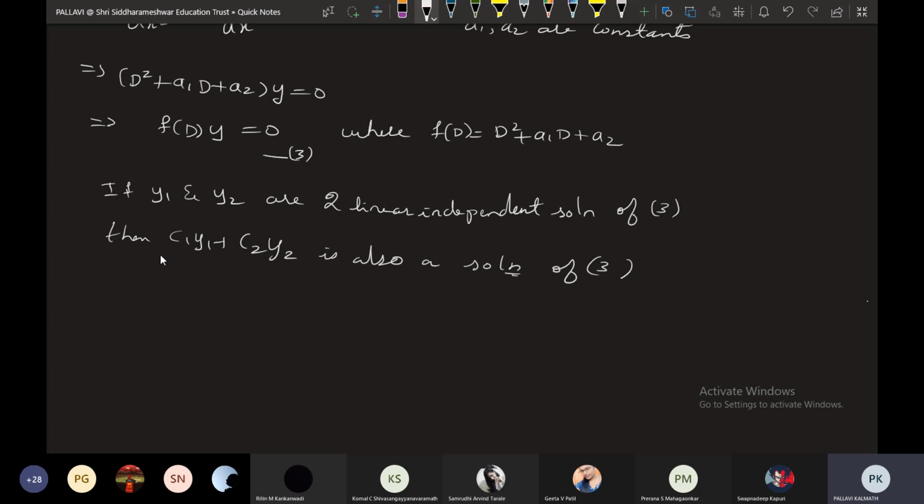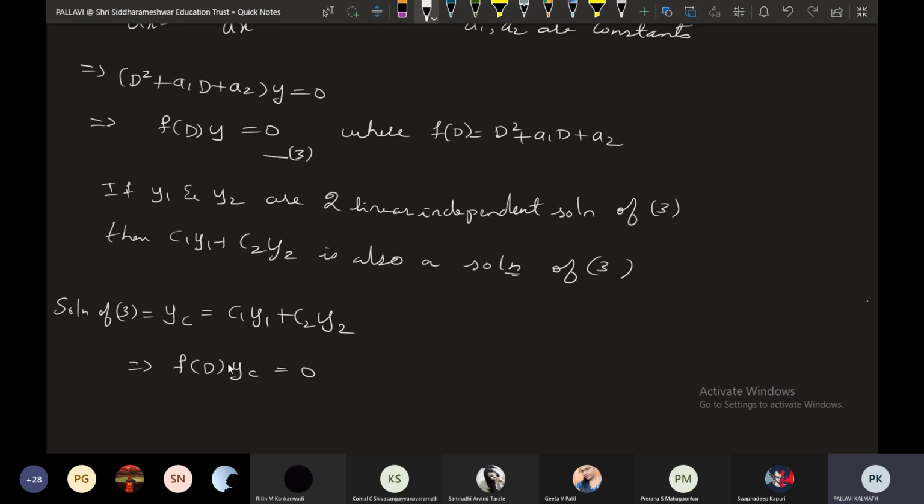Therefore, now see here, solution of this equation 3 we write as yc. Solution of equation 3 is given by yc equals to C1 y1 plus C2 y2. Which implies f of D into yc equals to 0.